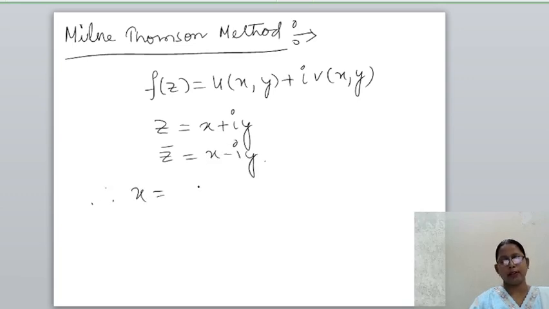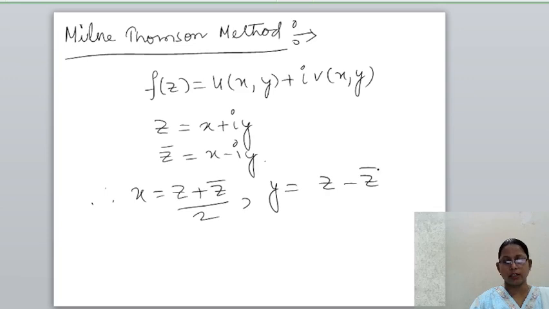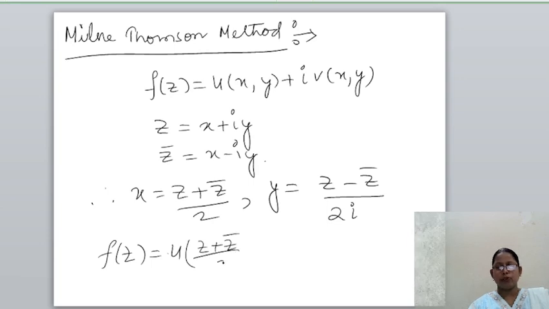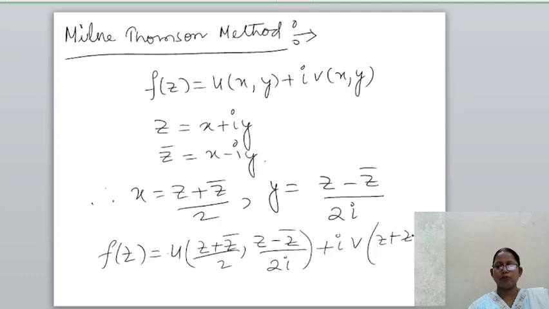Therefore, x is (z + z̄)/2 and y equals (z - z̄)/2i, so that this function f(z) now becomes u((z + z̄)/2, (z - z̄)/2i) + i v((z + z̄)/2, (z - z̄)/2i).